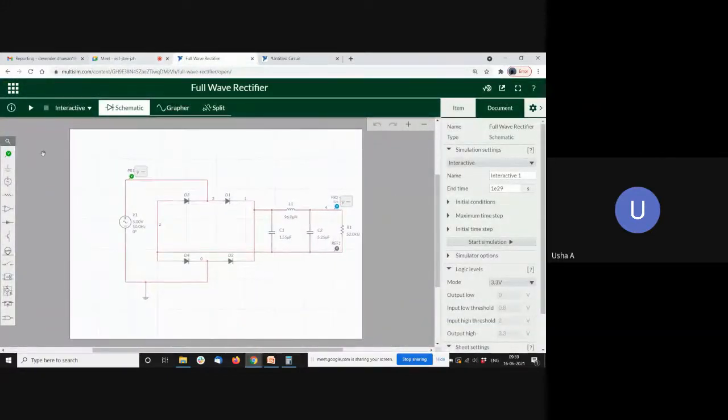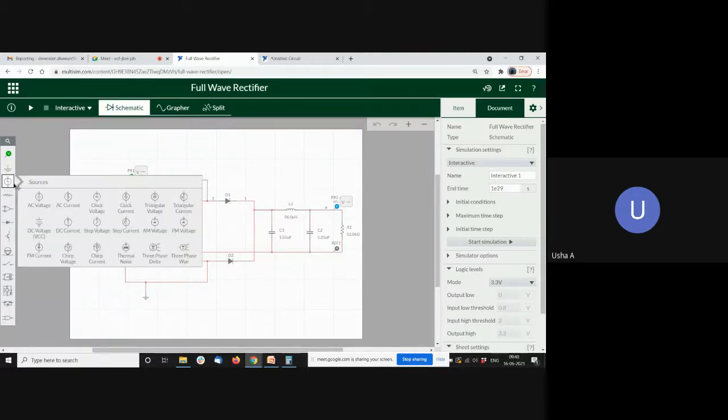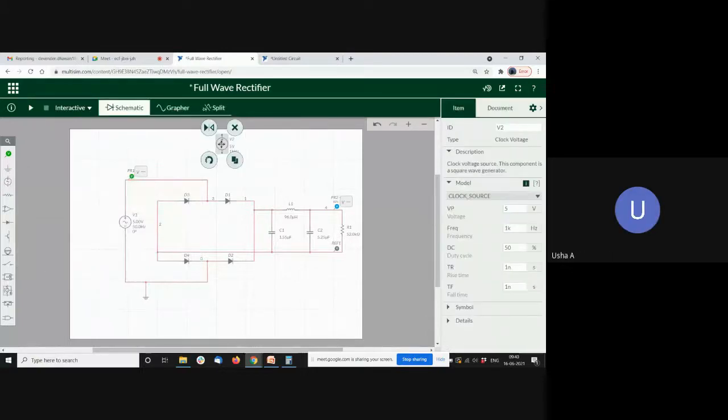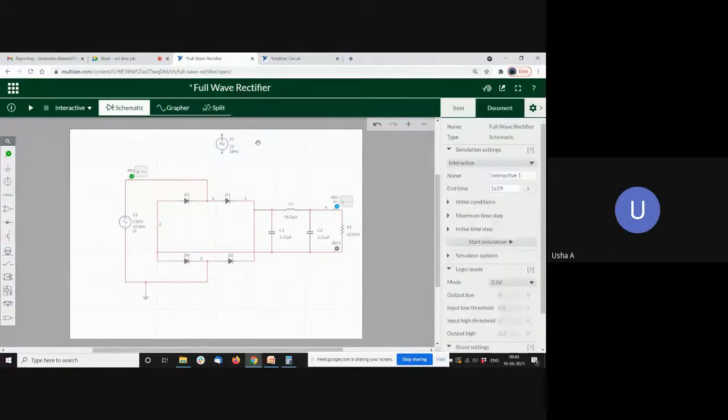Sir, we asked a query yesterday, that we want to see all the four input combinations in a single grapher window. I could not check that, ma'am, but I doubt it, because I don't see any phase thing here. Let me check in the next class itself if it's possible.